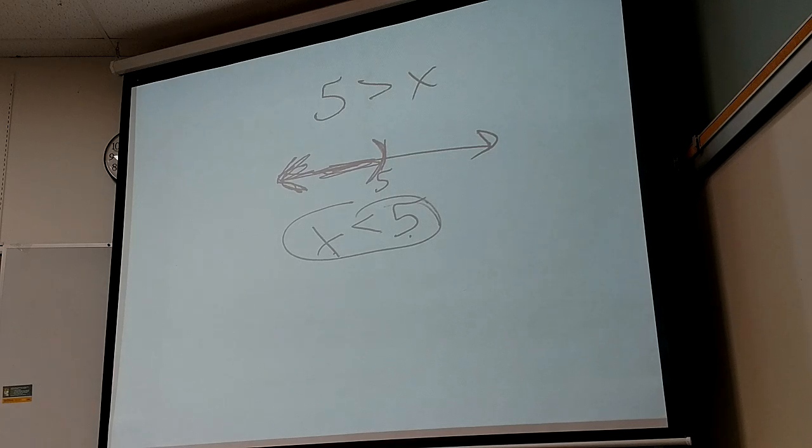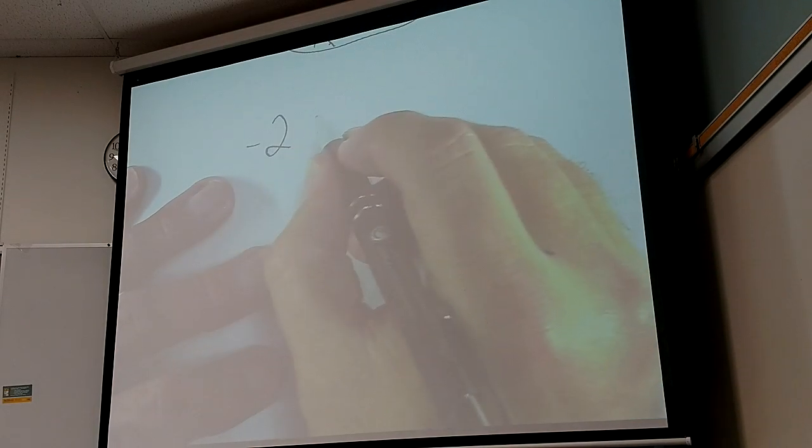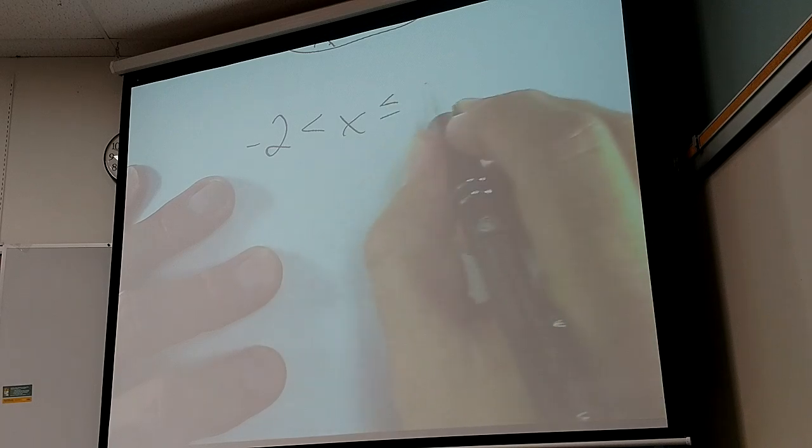But the point I want to make is we're going to see something related to this, and people are going to misinterpret it. If the variable is on the right side, you don't want to look at it that way. You want to read it backwards. 5 greater than x, x less than 5. Read it this way. So if, for example, I had something like -2 less than x less than or equal to 7.